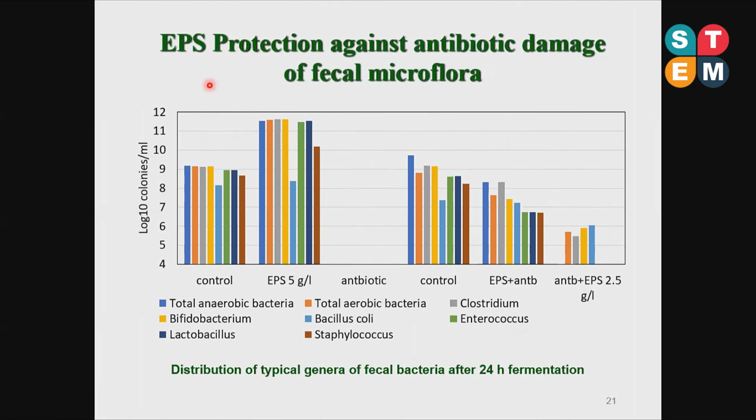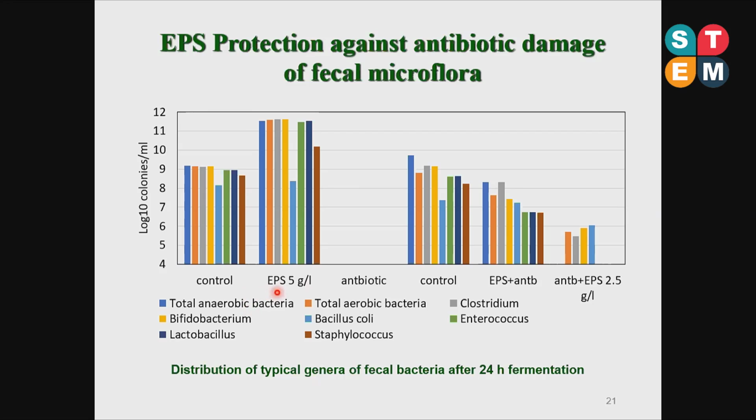So you can see that the control, without any EPS or additives, after 24 hours shows the log 10 line. We use this one to represent the population at this level.